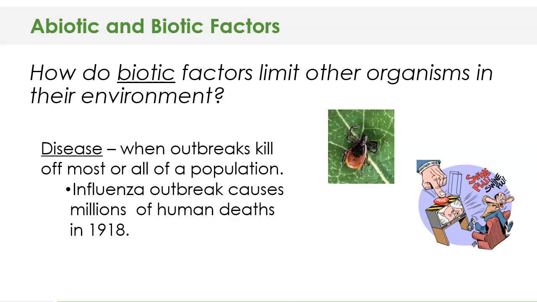Of course, this particular slideshow was created before the most recent pandemic caused by COVID. But in both cases, millions of people have died, both as a result of influenza in and around 1918 and of course COVID-19 in and around 2020.